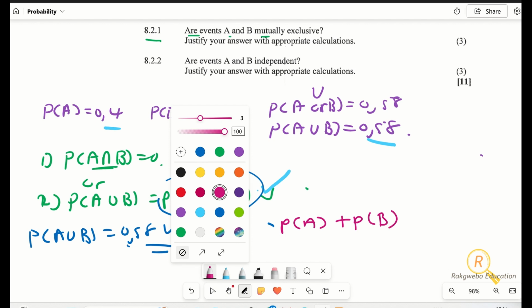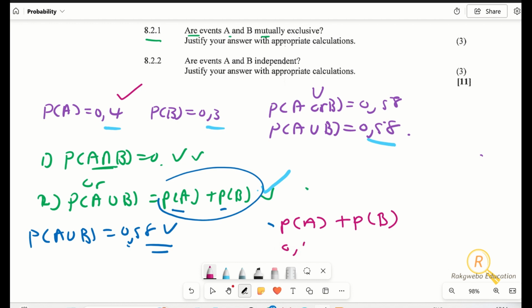The probability of A is given to be 0.4. Then the probability of B is given to be 0.3, which then gives us an answer of 0.7.